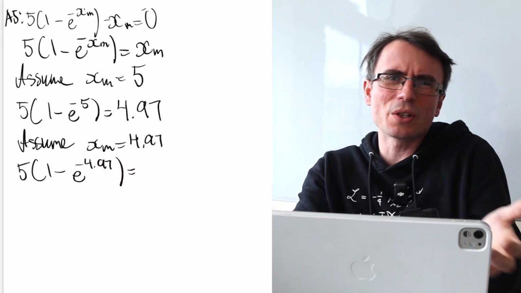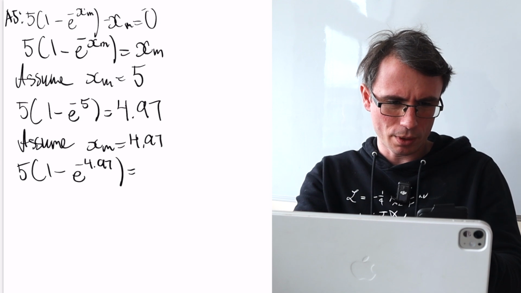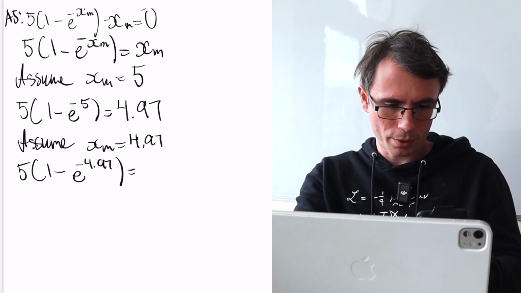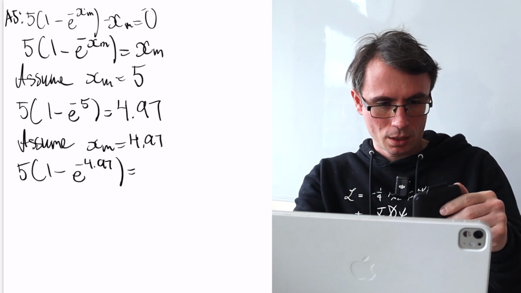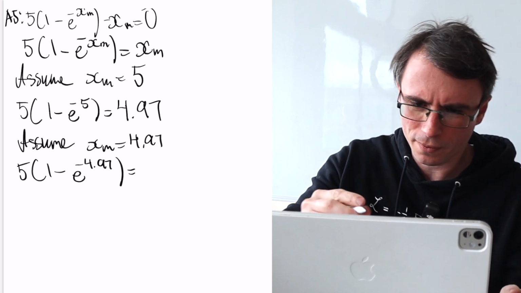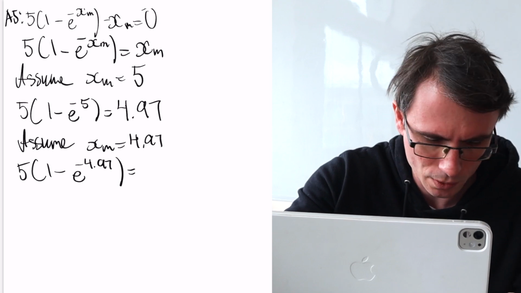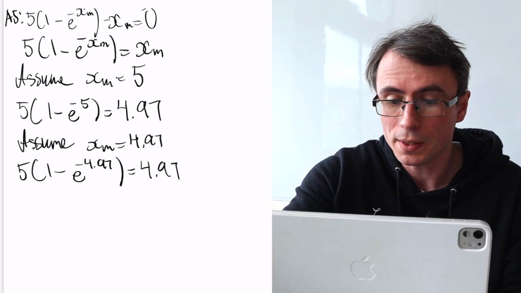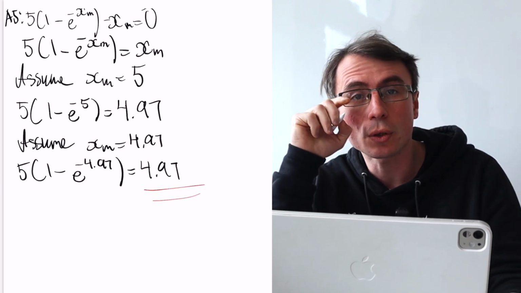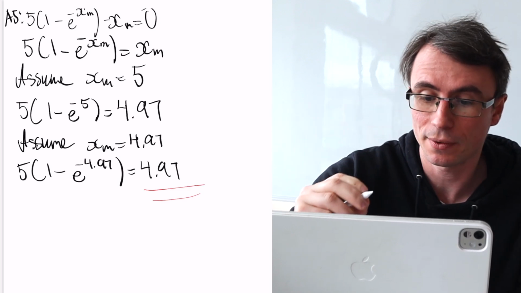We stop when the actual digit doesn't change. Close enough, 4.965, up to 3 significant figures. This is also 4.97. So this here is our winning solution up to 3 significant figures.